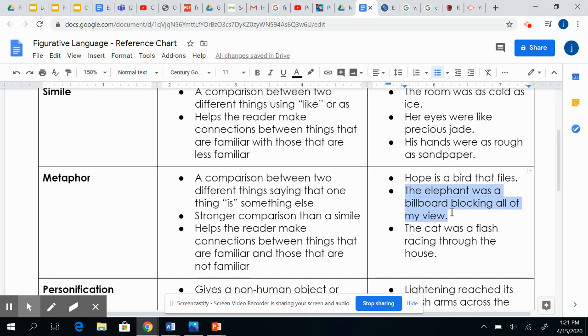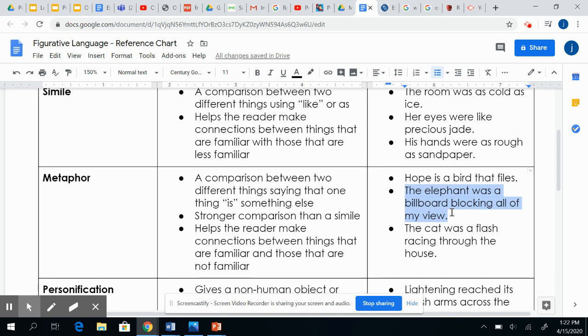Well, I know that a billboard is very large, that it covers a huge portion of land near a highway, and that it can really block your view, especially if you're trying to see something ahead. So, by comparing a billboard, something that I'm very familiar with, to the elephant that may be at a zoo or on a safari, helps me to understand exactly how large, how still, and how obstructive that elephant is to my view.